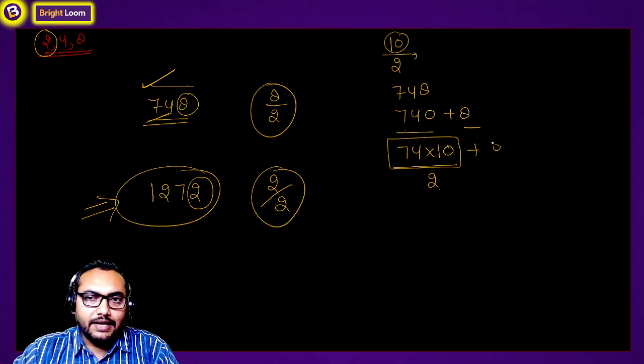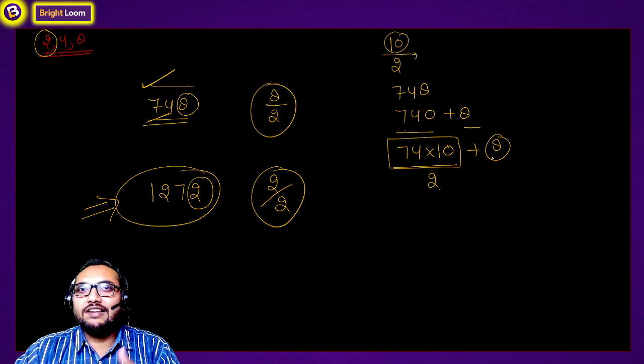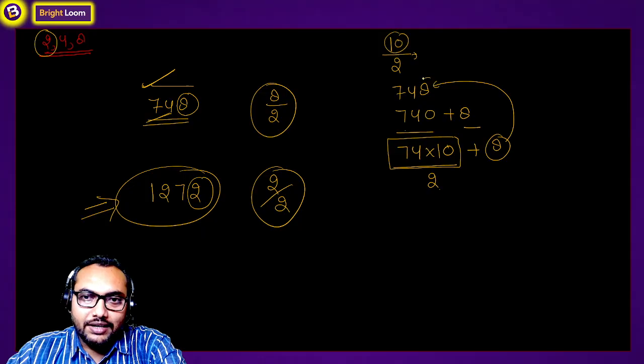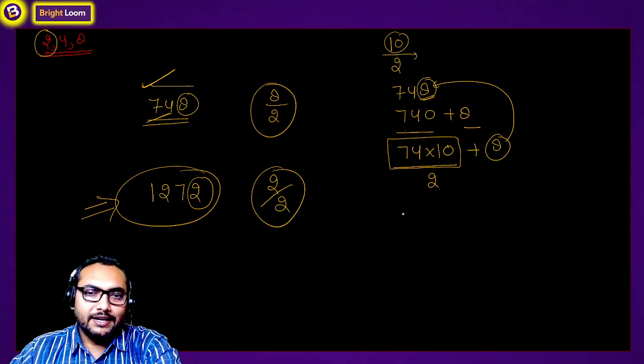Now we are left with 8. And what is it? It is a digit, yes, but it is the unit digit, or the last digit, of the number.